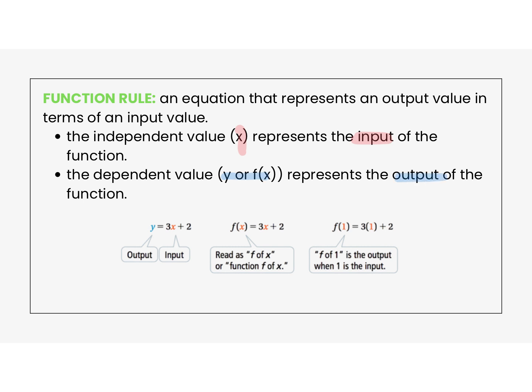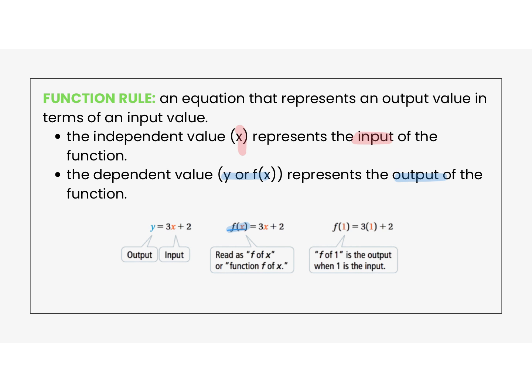So if we look down here, in previous units, we have said y equals 3x plus 2. When we use function notation, we're just going to substitute out that y for f of x, but it means the same thing. So it's a function of x, f of x, because x is our variable.